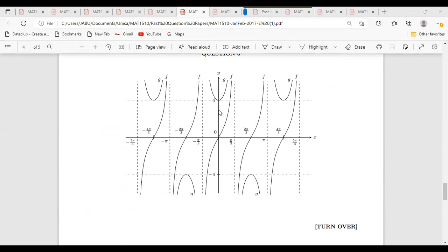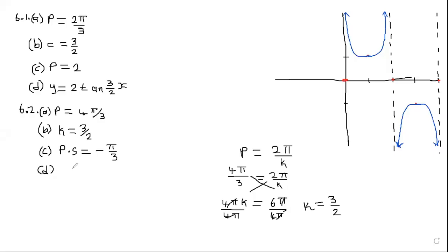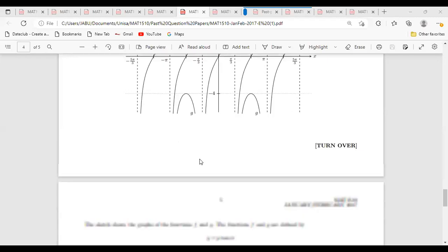It moves from 0 to 4 and 0 to negative 4, meaning the amplitude is 4. Amplitude 4.